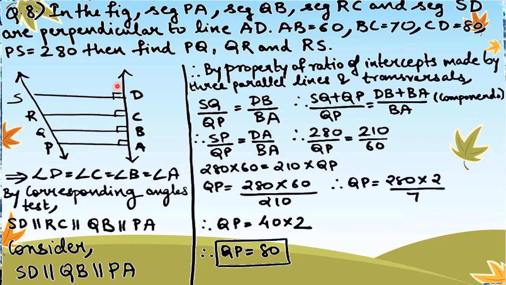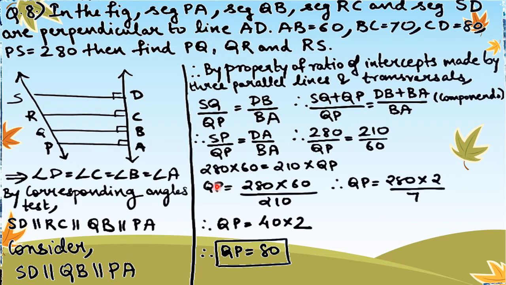Now here I know that D and C are corresponding angles, C and B are corresponding, B and A are corresponding, one above the other with one common line. All of them are 90 degrees, they are equal, so these lines have to be parallel by the corresponding angles test. Now once we know that all four segments are parallel, we will consider it in two parts. First we will consider SD, QB and PA, SD parallel to QB parallel to PA.